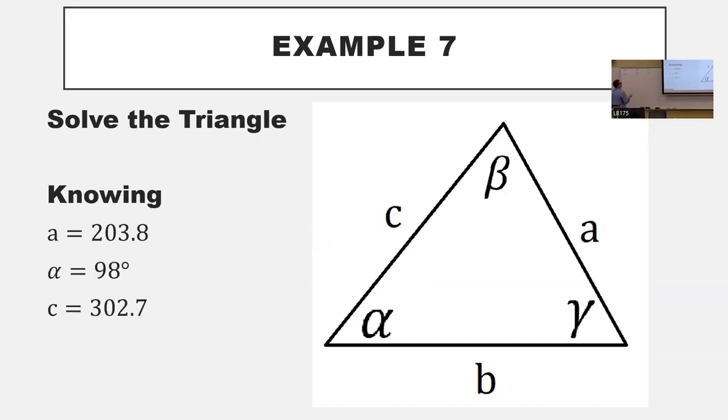So imagine that you know A is 203.8, alpha is 98 degrees, and C is 302.7.